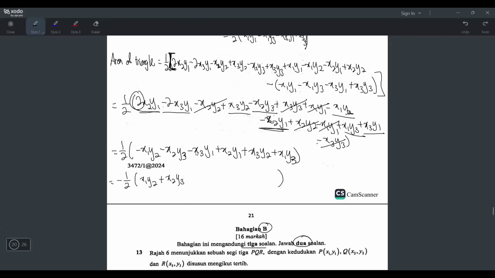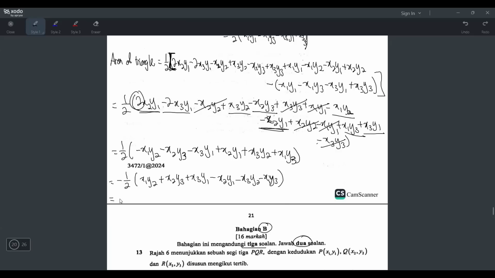And then this one becomes plus x3, y1. This one becomes minus. Basically, everything just changes sign. Minus x2, y1. And then this one minus x3, y2. And this one minus x1, y3, right? Understand, right? Basically, everything changes sign because you factorize out the negative. But the negative won't disappear. The negative will go where? It will be multiplied with the 1 or 2 like this. Yeah, because you take out negative from it, so it becomes like this, right?